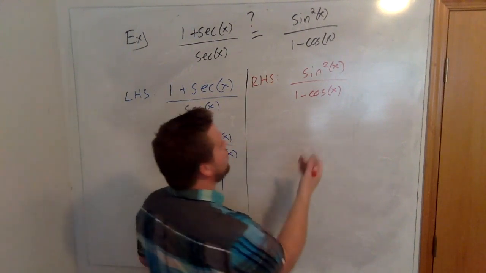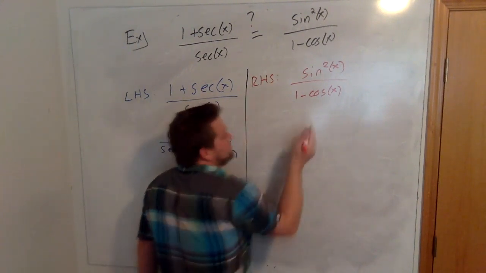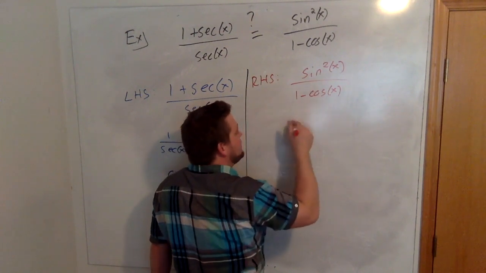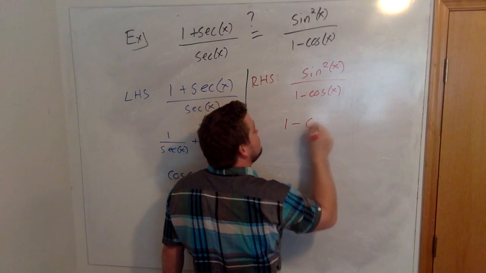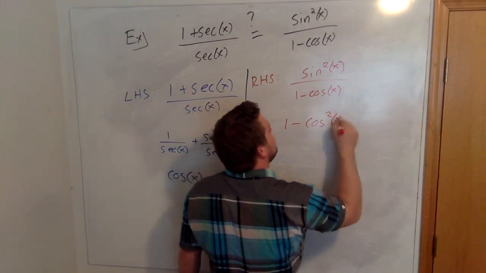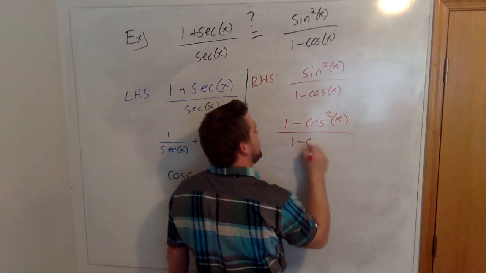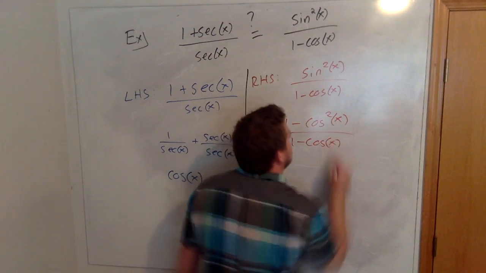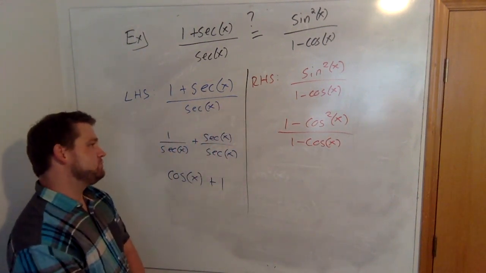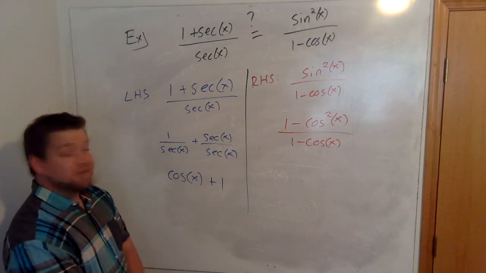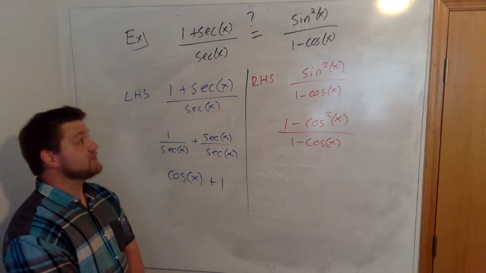The sine squared is begging me to replace that with 1 minus cosine squared of x, all over 1 minus cosine of x. Okay. Is this going to be helpful? Well, here's a nice trick that is oftentimes useful.